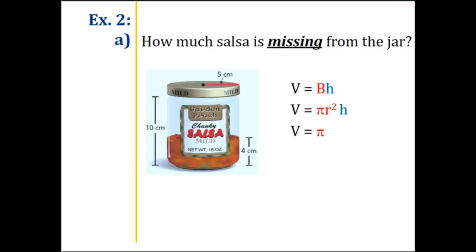So first we're going to have to do the volume of the jar. It tells me that I have a 5 centimeter radius, right? Here's my radius. So there's my radius squared, right? You should write this down. And my height is 6.